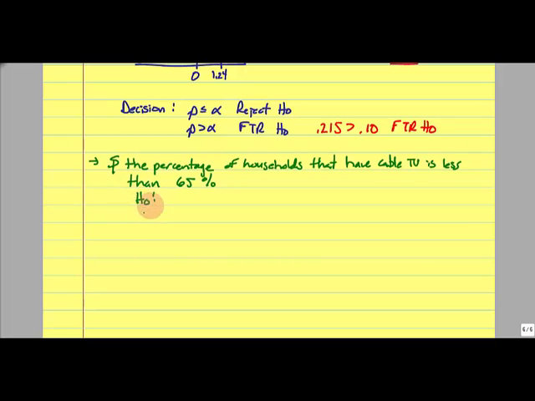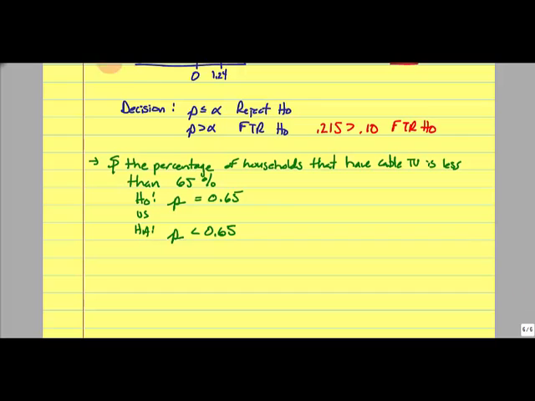So our null hypothesis and our alternative hypothesis is the first thing we want to set up. Again, equality is always going to be in my null hypothesis, but this is a percentage, so this is a proportion. So this would be where the proportion is equal to 0.65. 65% is 0.65 as a decimal. I'm looking at the less than case, so this would be p less than 0.65.